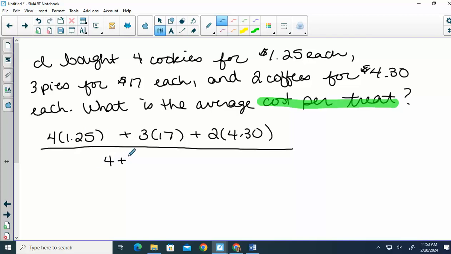The number of items. And then since this is money, we would probably round to 2 decimal places. So it costs about $7.25.